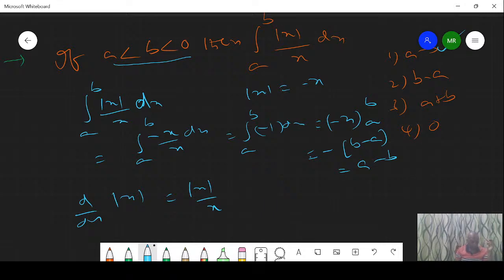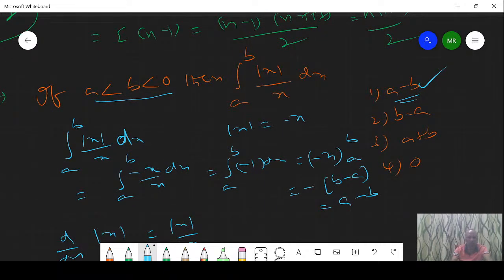Then you can substitute the limits, upper limit minus lower limit. You can use this concept also. But this answer will be a minus b, right? We got the answer a minus b. This is the first option. So this also you can do, but you may feel this way is easier.